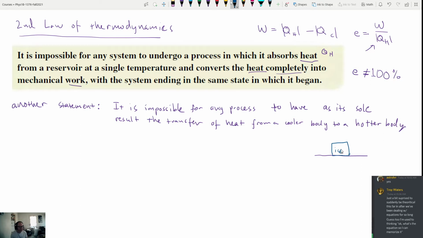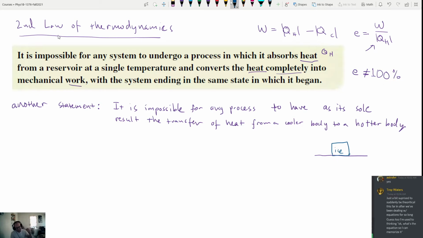It's impossible. There's no way that heat can flow out of the ice cube and into the environment. The reverse always happens. The ice cube will eventually melt. That's also an irreversible process, because you're never going to reconstruct the ice into exactly its same form.